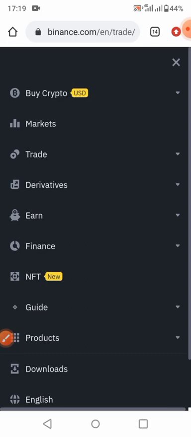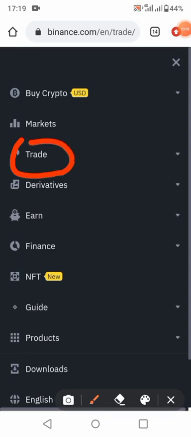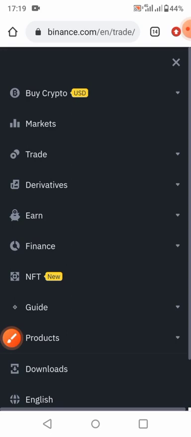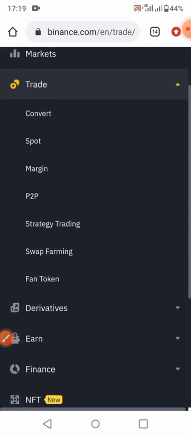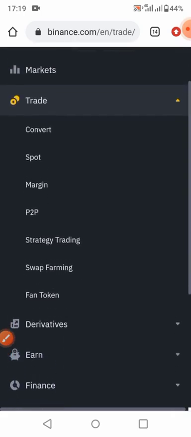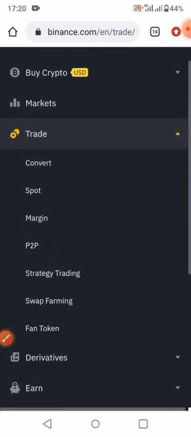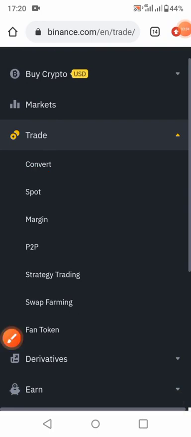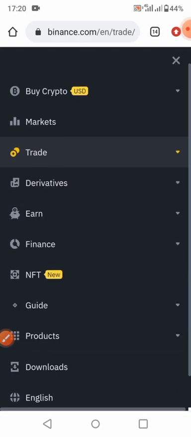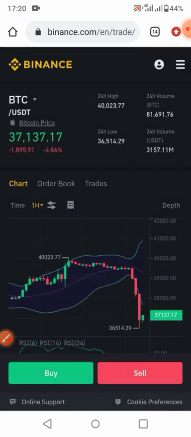You see trade here, you tap on trade, and it will open up. You see convert, spot, margin, P2P, strategy trading, swap farming, fan token. So you select the spot.